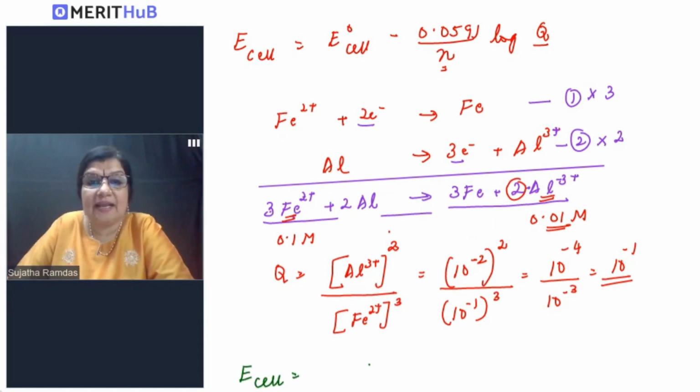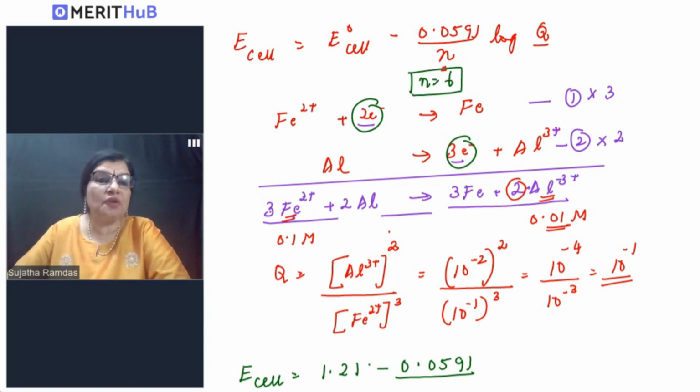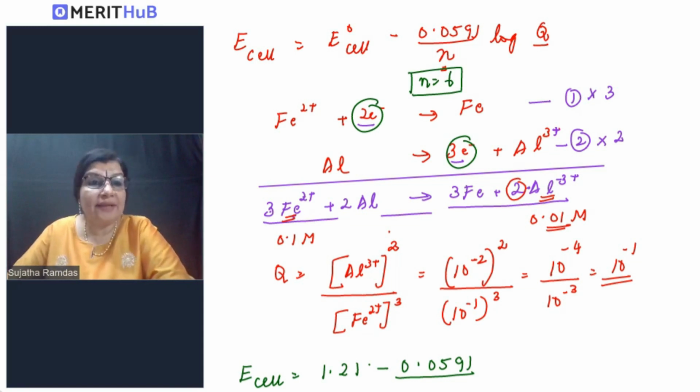E naught cell 1.21 minus 0.0591 by what is n equal to? That is an important piece of information. 2 electrons into 3, 3 electrons into 2. So n is equal to 6. 6 will be the total number of electrons which are taken at the cathode and lost at the anode.